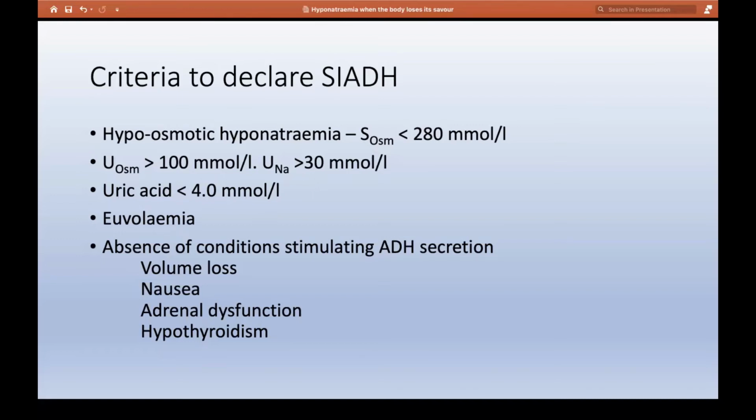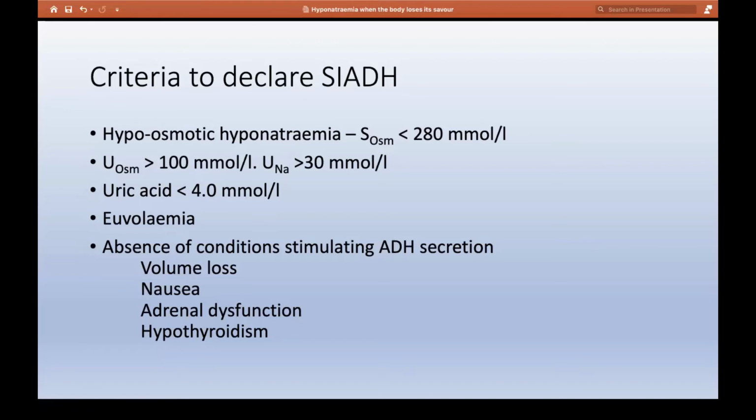Patients need to be euvolemic. Remember, you can't say SIADH when somebody has hypervolemia or hypovolemia. Of course, SIADH can occur with hypovolemia if the patient with SIADH is dehydrated. But to say SIADH, the patient has to be euvolemic.